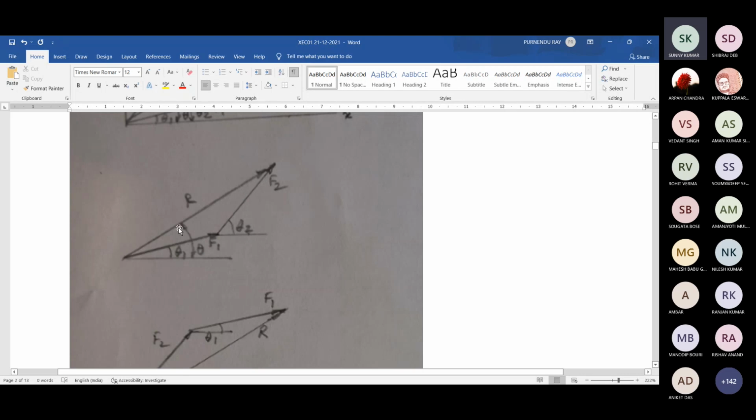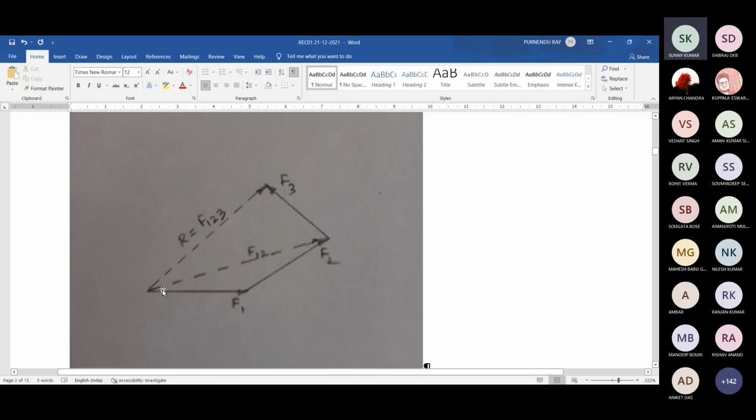For this case, it is a triangle. So first line, second line and third line for equilibrium form a closed triangle, and the basic geometrical rules you have to satisfy. Then we can extend all these things for more than two forces, for equilibrium of three forces, etc.